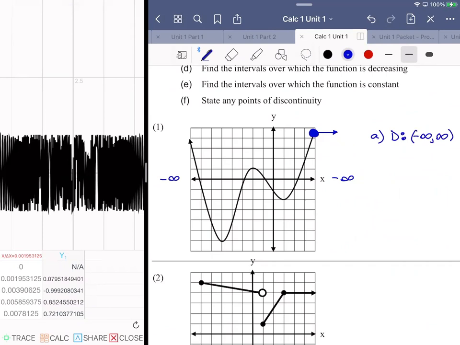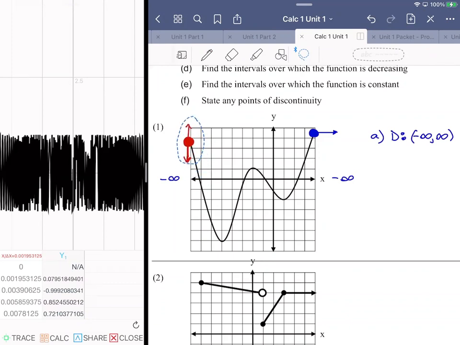Now, in terms of the range, we're concerned about y values. So it's an up and down situation. Our possibilities are either up or down. It's going to depend on where we are in the graph whether we're going up or down.